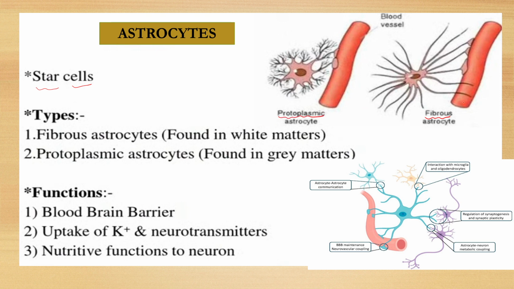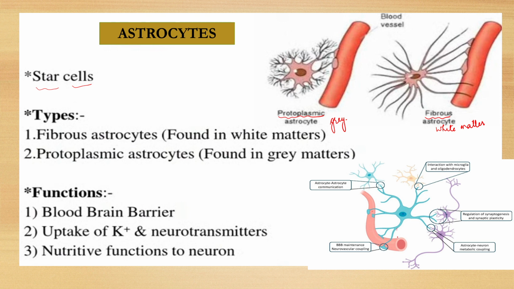The fibrous astrocytes are found in white matter, and the protoplasmic type of astrocyte cells are present in gray matter. So these are the differentiating points.